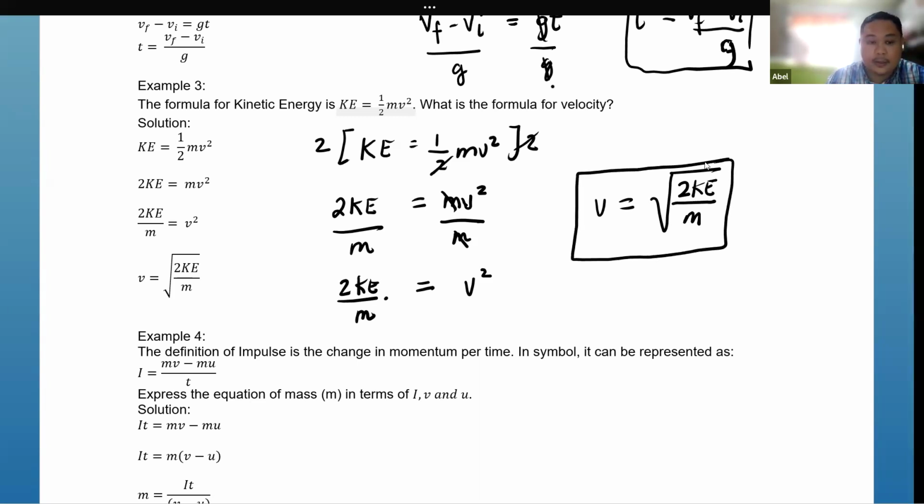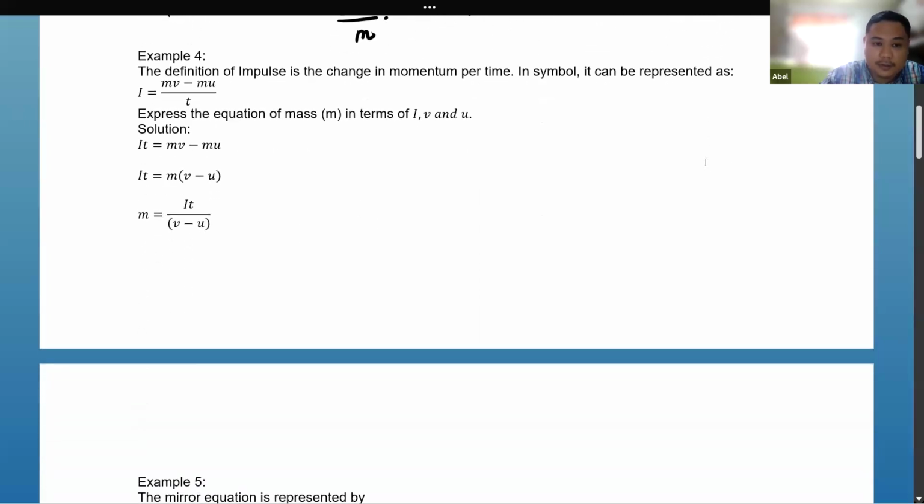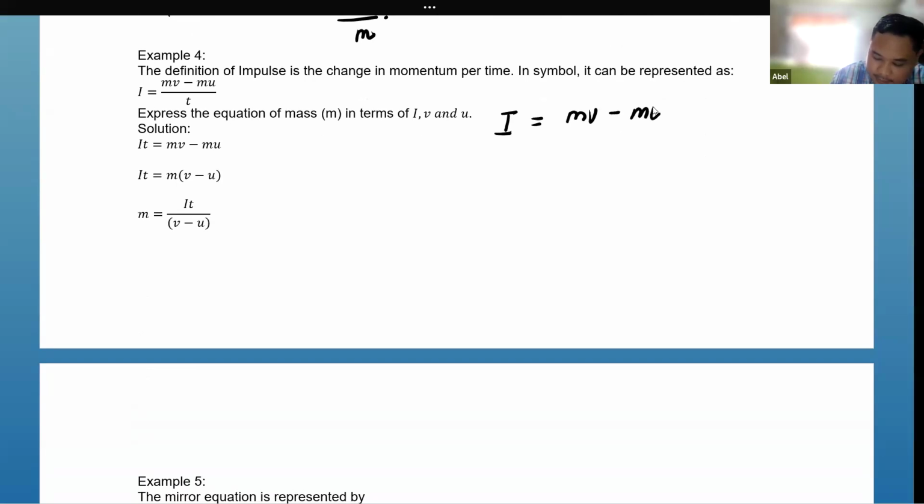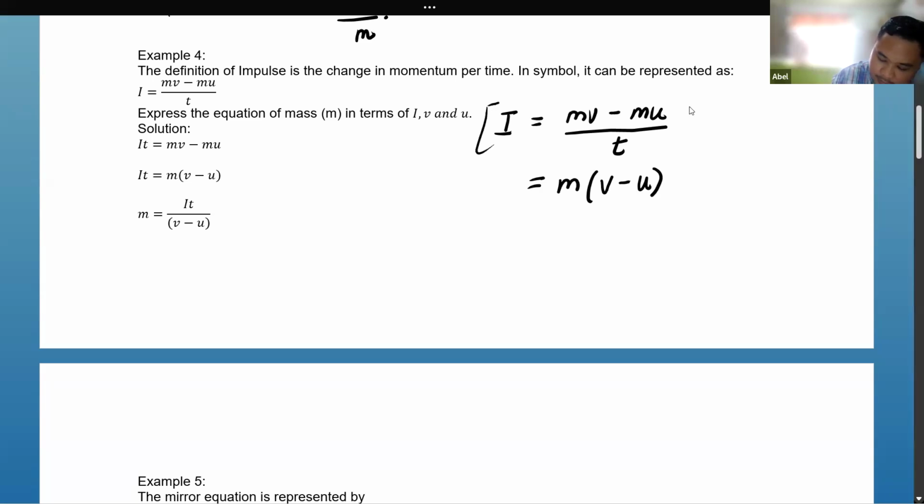Now, how about our example number 4? This one is the definition of impulse, which is a change in momentum per time. But we will just want to represent the mass in terms of I, v, and u. From here, we have I equals mv minus mu over t. Now, we need to factor out the m. And so that would be m multiplied by v minus u. And then we multiply both sides by t.